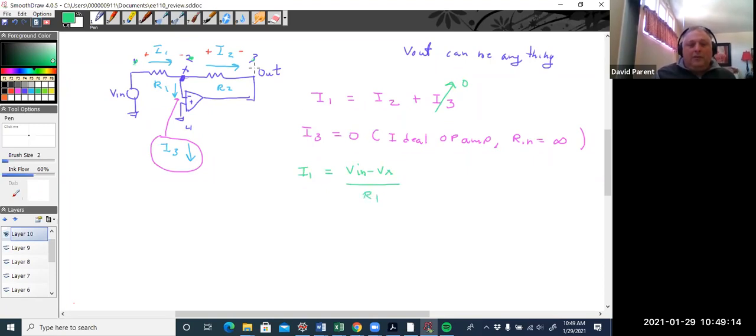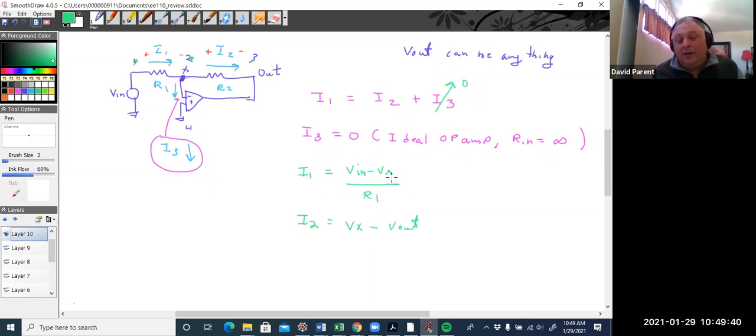Great. And what's I2? And this might be where it could get a little confusing, is you think, well, V out's got to be bigger than V in, it's amplifying. You really just have to follow the rules. I2, which node is on the positive side? It's Vx, right? And which one is on the negative side? V out.